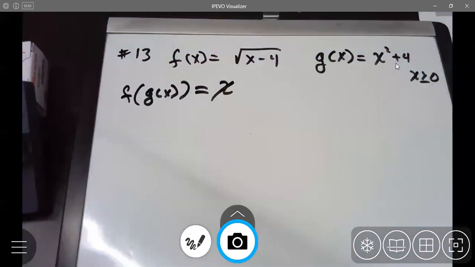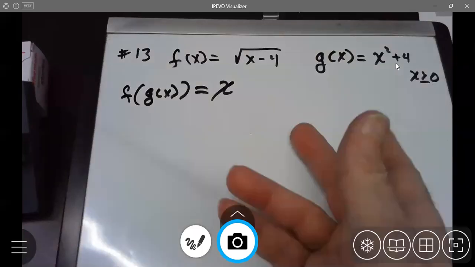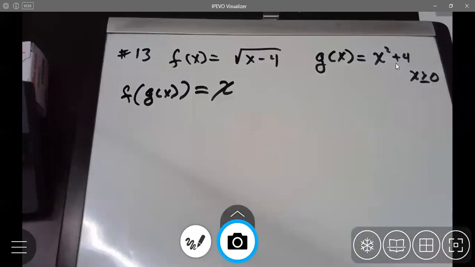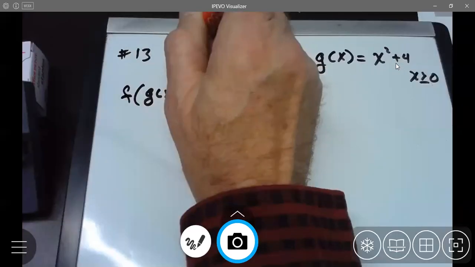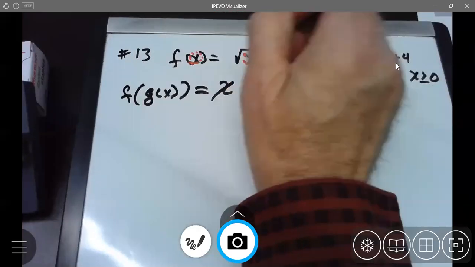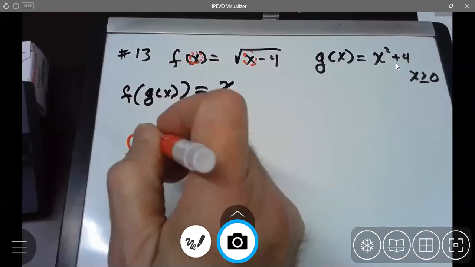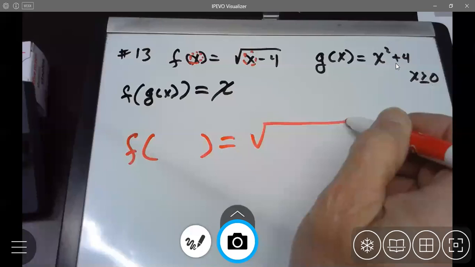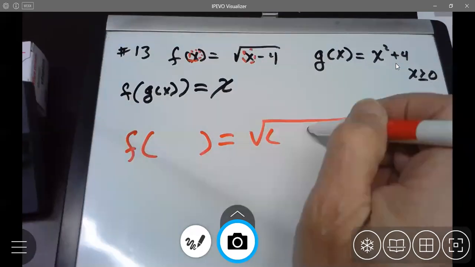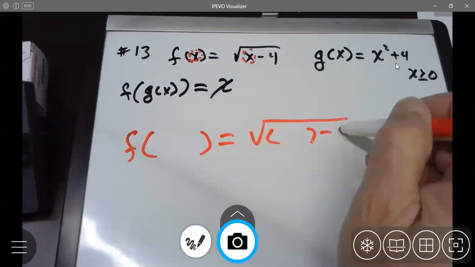If we do get x, then they are inverses of each other. So we look at this and we say, all right, we're going to cut the x out and put parentheses there. So this is f, cut the x out, put parentheses, equals the square root of, where the x is, we cut that out, put parentheses, minus 4.